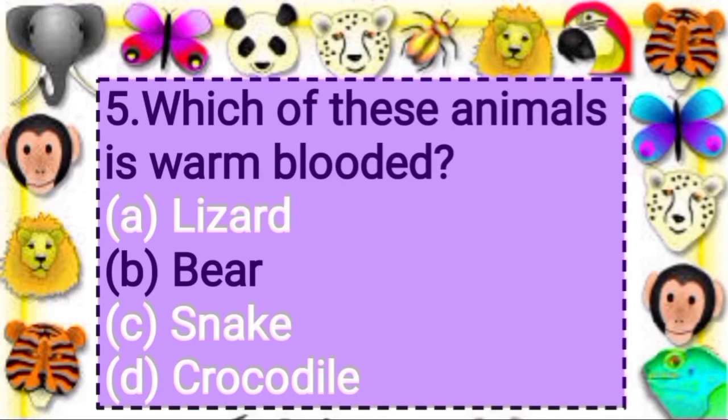As you know, lizard, snake and crocodile are reptiles, which are cold blooded animals, while option B, bear, is a warm blooded animal.